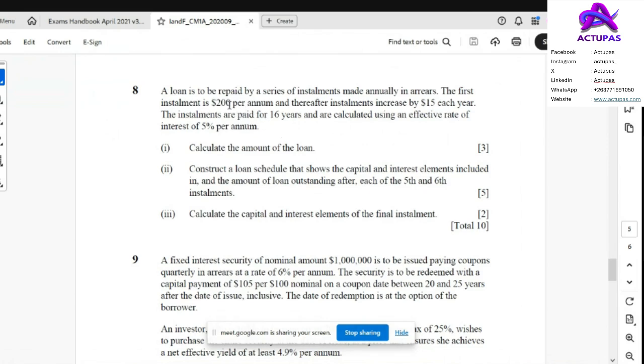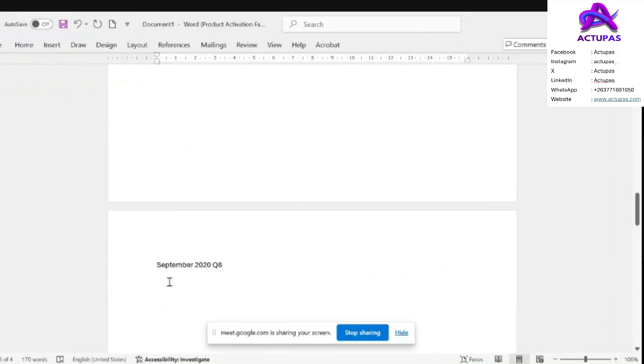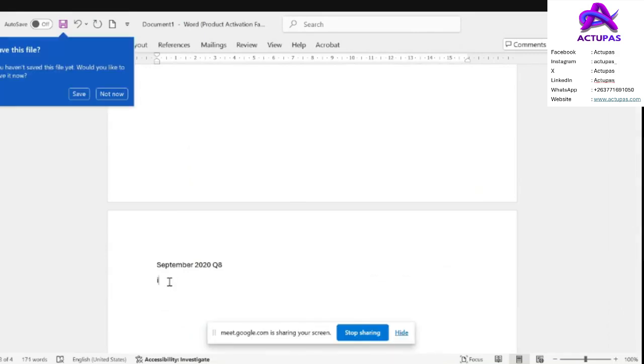And in this case, it's 200 per annum for the first year and increasing by $15 per year. This is an increasing annuity, increasing by $15. So we have an increasing annuity of 15, and then the annuity of 185. The equation of value for our first part of the question: we want to determine the loan.